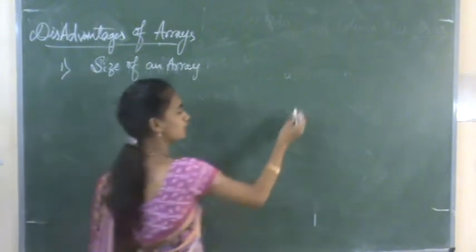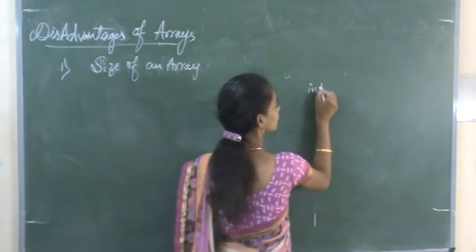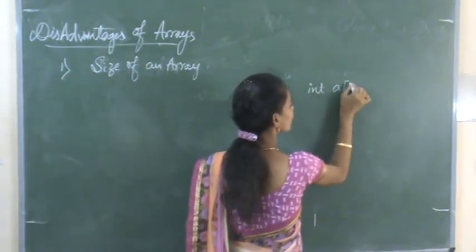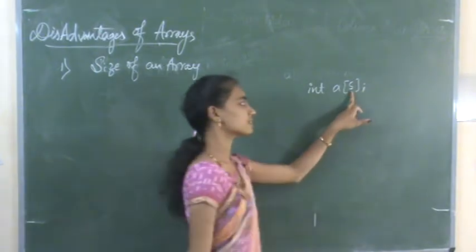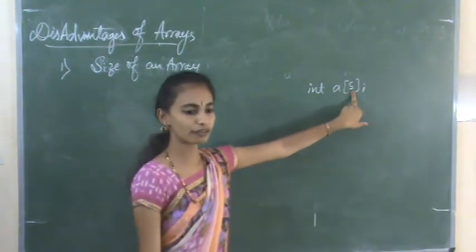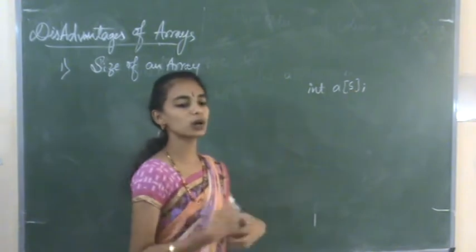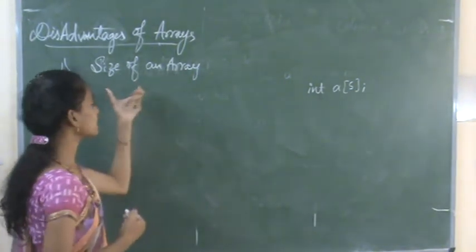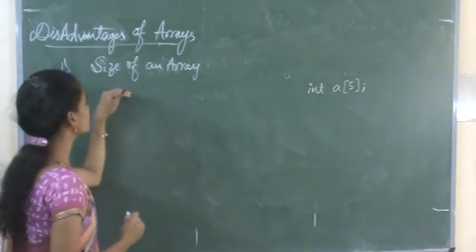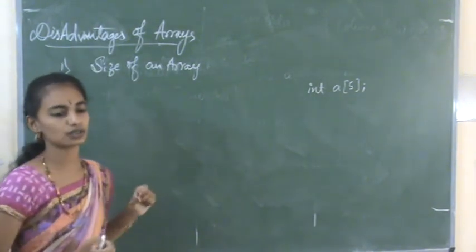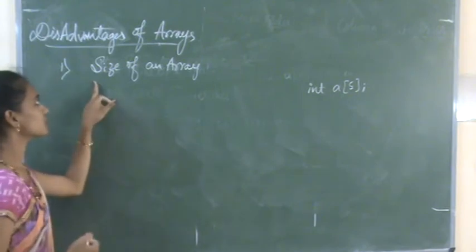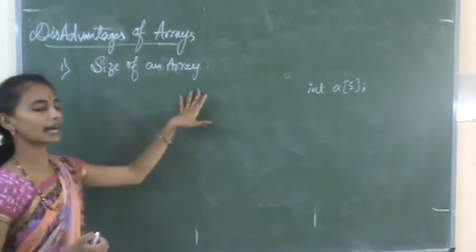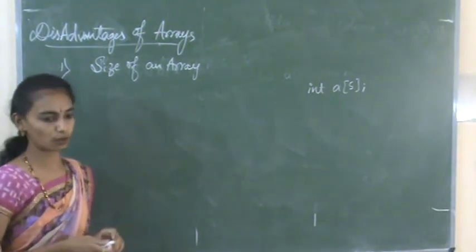If I declare int a of 5, the size of the array is 5, so we know the size of an array in advance. That leads to some problems. So the first disadvantage is that the size of an array should be known in advance.